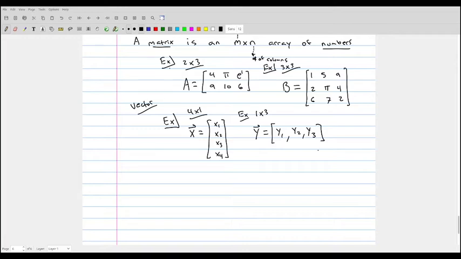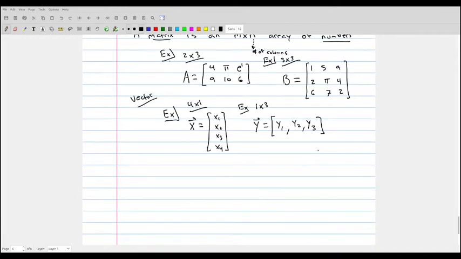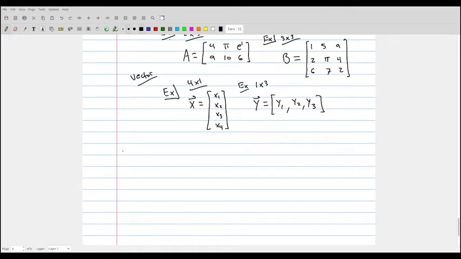Now we can define a very special type of multiplication between general matrices that's called matrix multiplication. And essentially what this looks like for 2 by 2 matrices is the following.